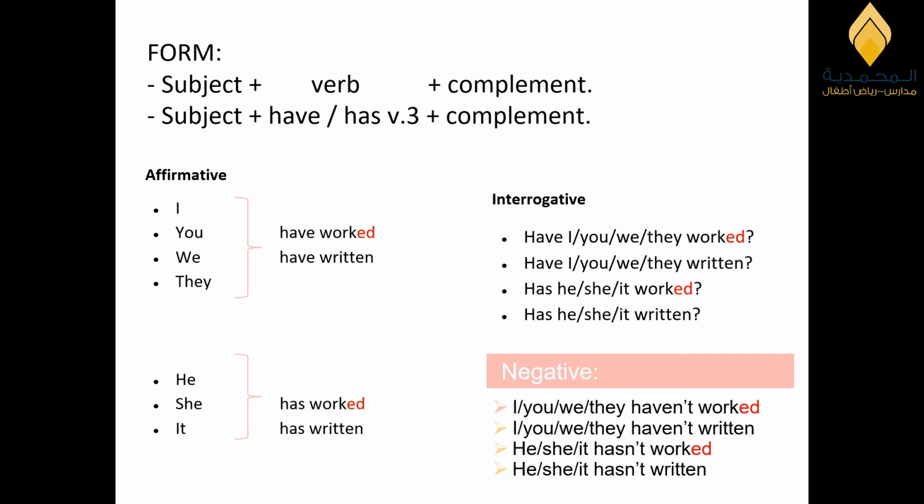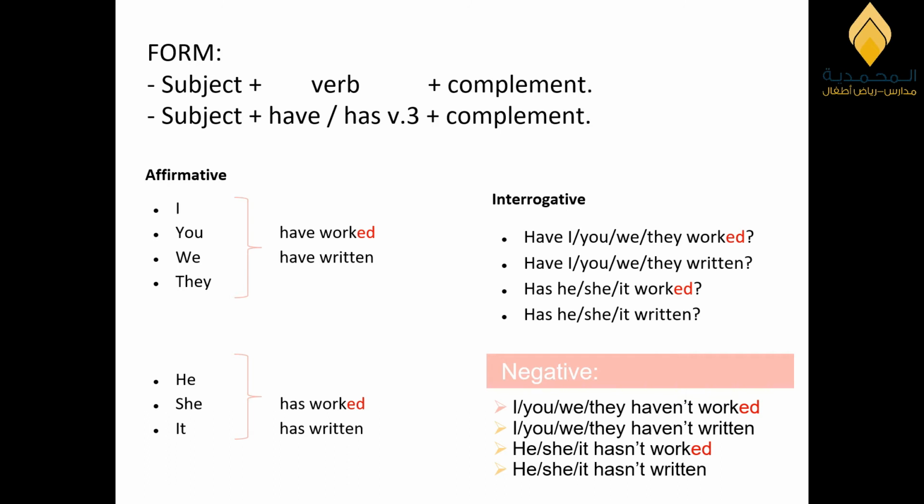In he, she, it, which are singular subjects, I'm going to use the auxiliary has with the past participle of the verb. So, he has worked, she has written. This is for the affirmative sentences, so I'm going to start with the subject, auxiliaries have, has, plus the past participle or verb 3, and the complement.